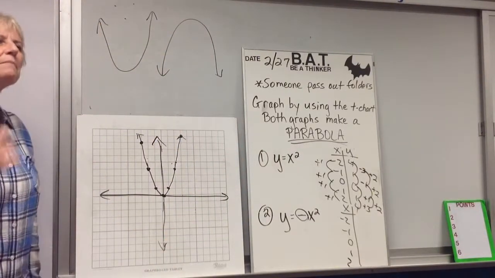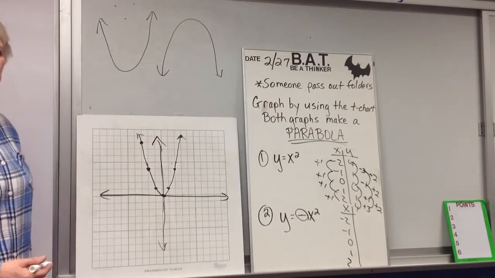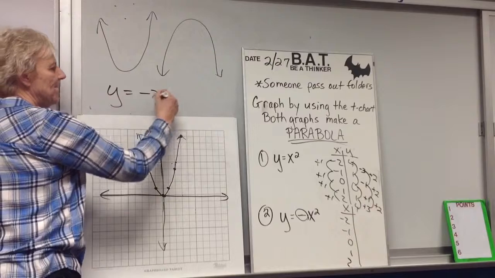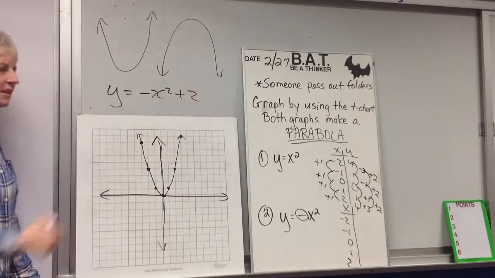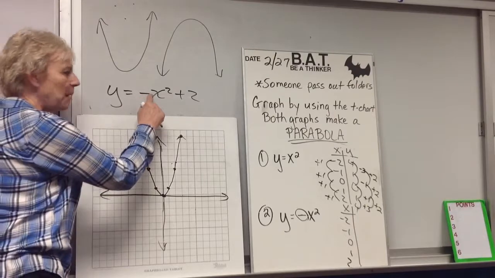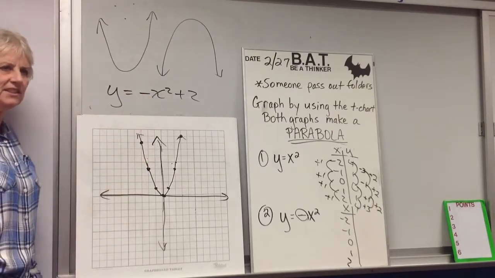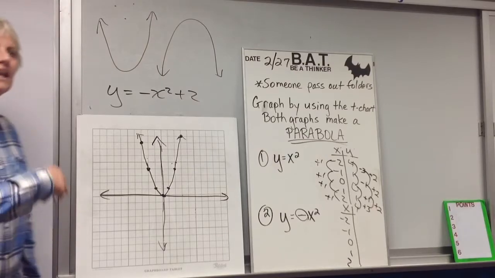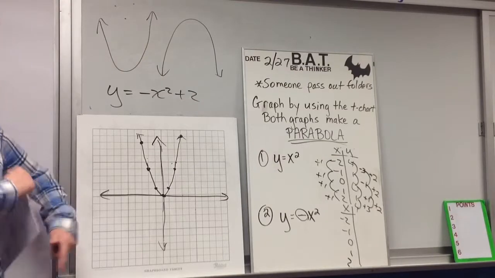You should know that before you start putting ordered pairs down. If you have, for example, y equals negative x squared plus 2, I know it's going to be upside down. And if that's positive, I know it's going to be right side up. And if something's happening that you're not getting it upside down, then you're doing something wrong on your calculator.